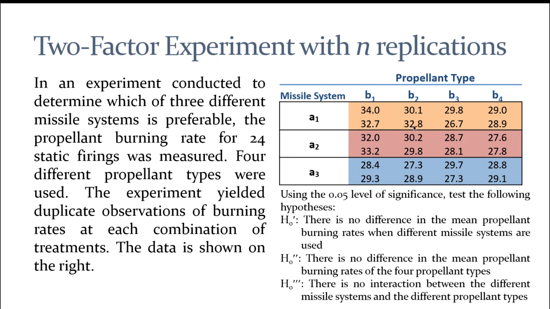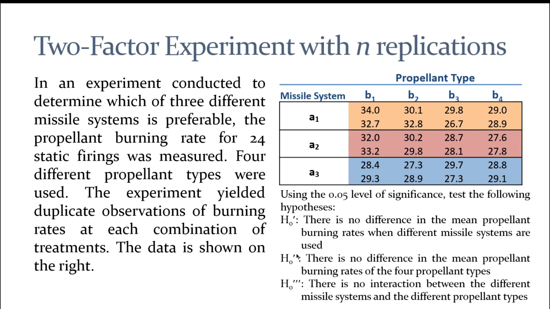Okay? So yung magiging hypothesis natin is that we have three null hypotheses, no? So meron tayong number one, yung first null hypothesis natin, which we can label as H naught prime. So there is no difference in the mean propellant burning rates when different missile systems are used. So that is, kumbaga, yung factor A has no significant effect.